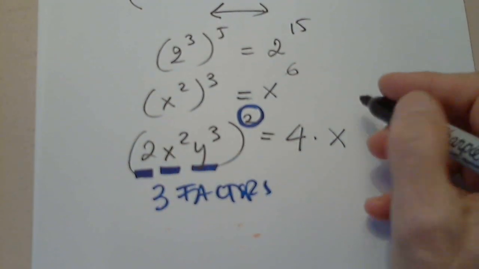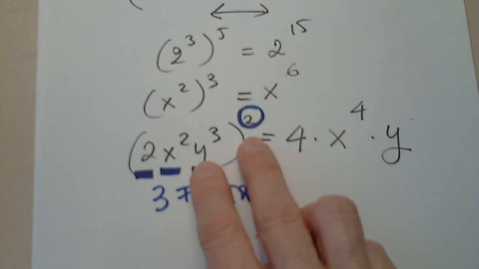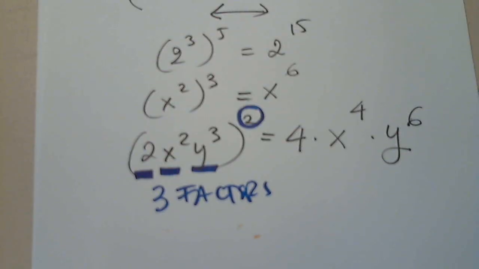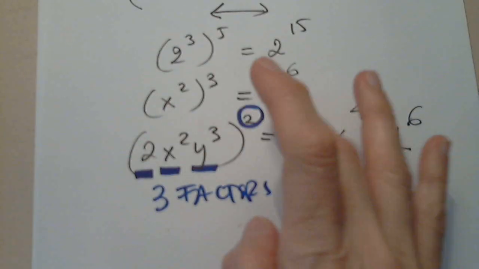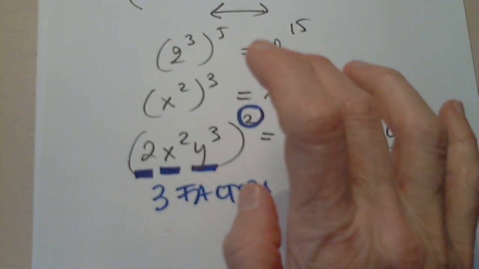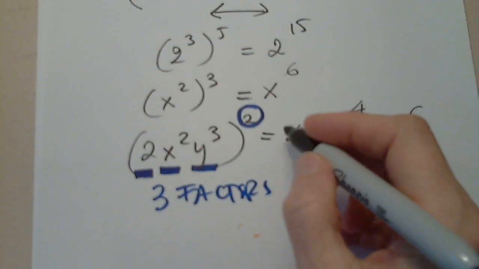So 4. Exactly. Copy the base. Use the power rule. 6. Exactly. Very good. 2 squared is 4. X squared squared is x to the 4th. Y cubed squared is y to the 6th. And this is the final answer.